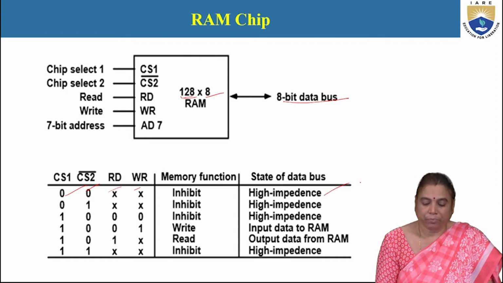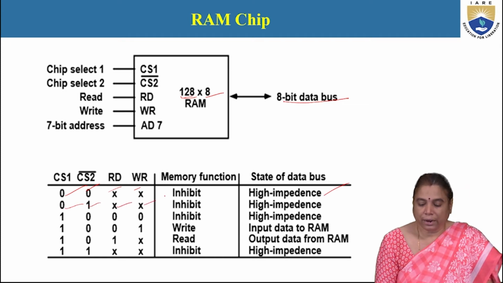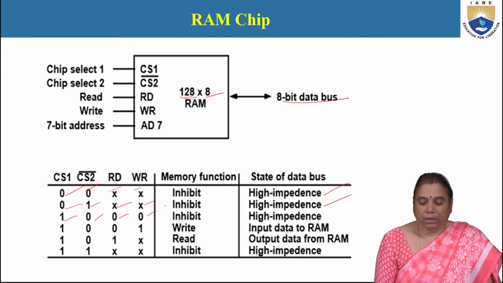When CS1, CS2 are 01 and RD, WR are not selected, the data bus is in high impedance mode. When CS1 is 1, CS2 is 0 and RD, WR are 00, the data bus is in high impedance state. No memory function can be provided with these inputs.